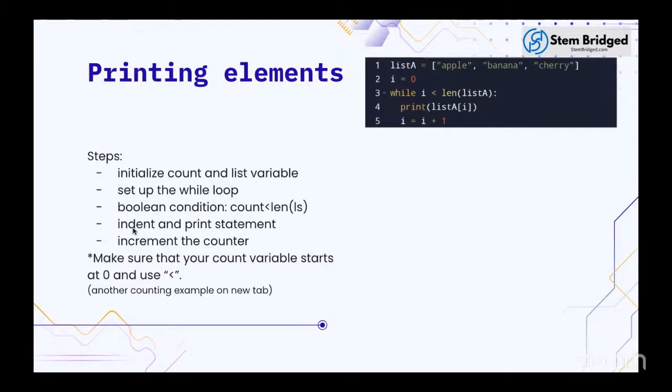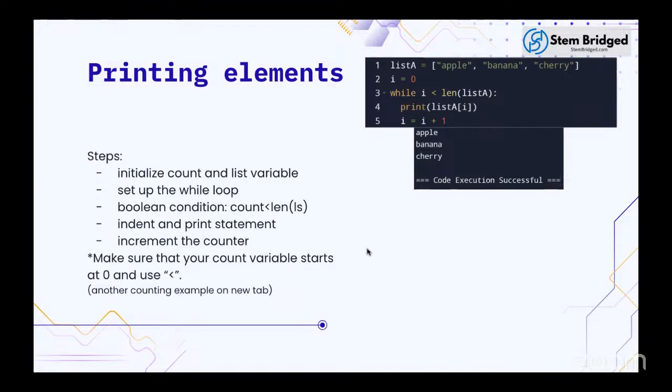And the indent, because if you're in a loop, you need the indent to show that it's in the body. Then you print the list at that index, or count, and then you increment the count by 1 so that you print everything in the list.